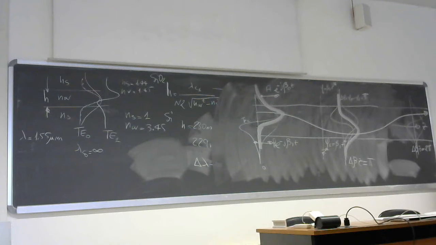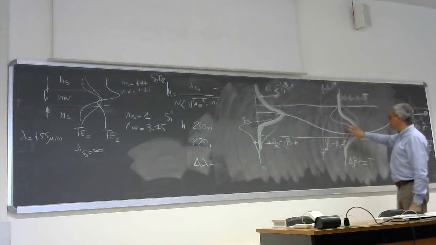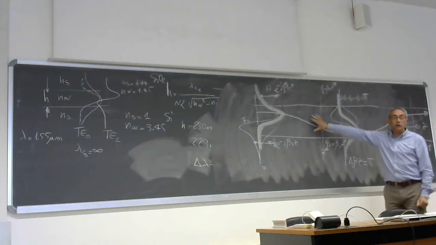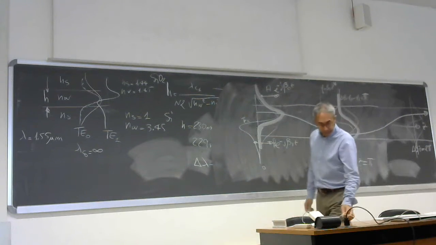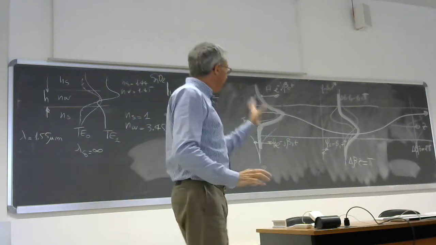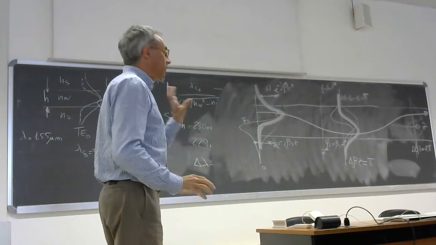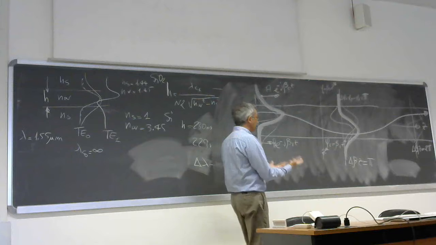The modes do not exchange power, the modes do not change shape, they continue to travel, but the total field somewhere is in the upper part, somewhere in the lower part, somewhere in the middle. So keep well separated the total intensity of the field inside the waveguide and the excitation of the mode, the intensity of the mode.